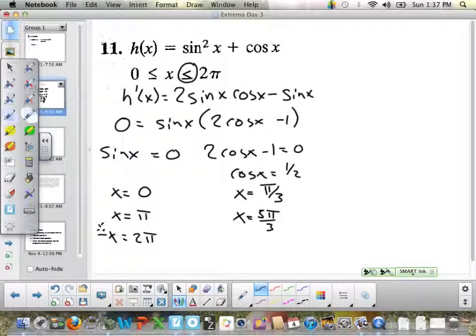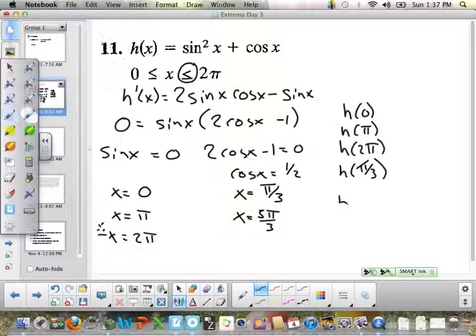So what we need to do is check our endpoints and our critical numbers. Now, 2 of our critical numbers happen to be our endpoints, so that takes care of some of it for us. So we need to do h of 0, h of pi, h of 2 pi, h of pi over 3, and h of 5 pi over 3.